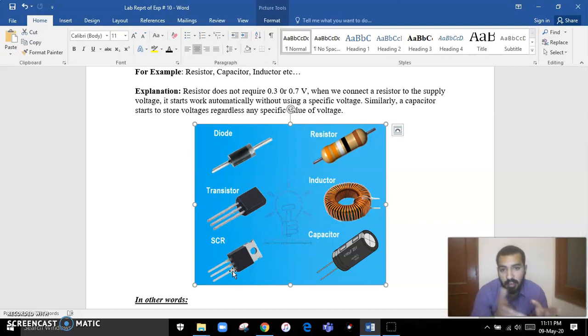Why is there a third leg? I am going to tell you. In the case of a resistor, you just simply connect it in a circuit. One leg of the resistor is connected to one side of the circuit and the other leg is connected to the second side of the circuit. Similarly, an inductor is just attached in series in a wire or in parallel.